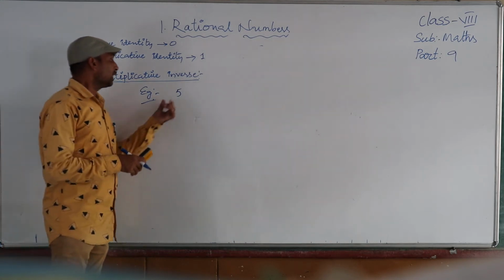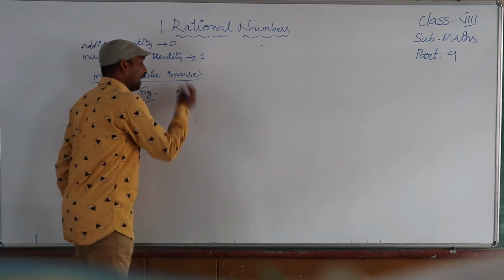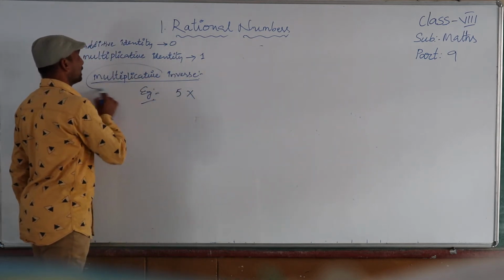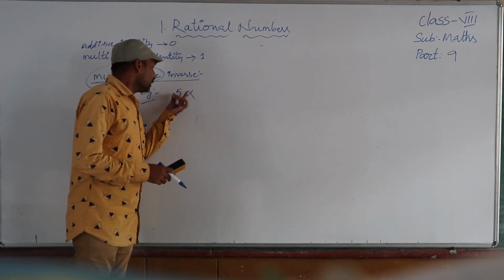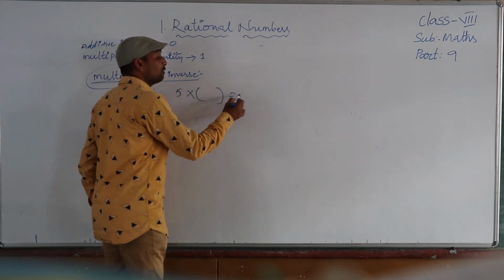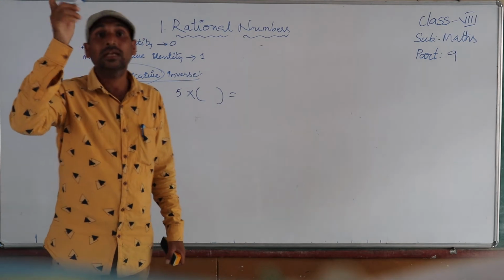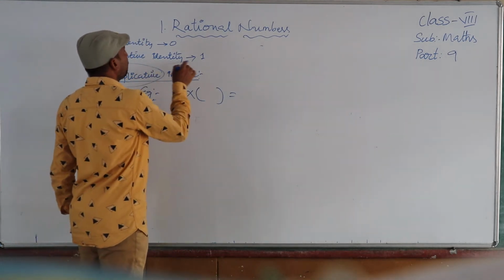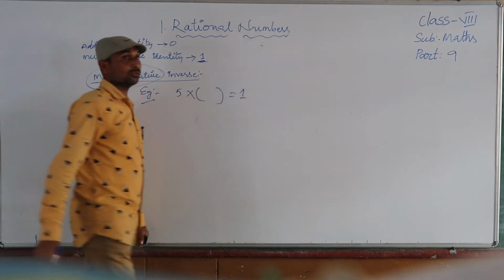Same like that, if you take 5 and multiply with a number, we are talking about multiplicative inverse. What should we get here? Like additive inverse, here the multiplicative inverse is 1. So that's why we have to get 1.